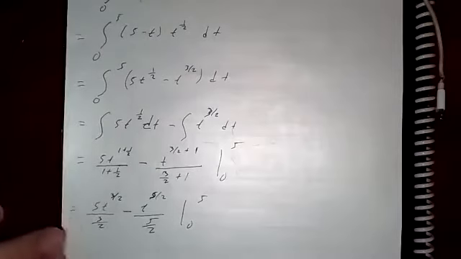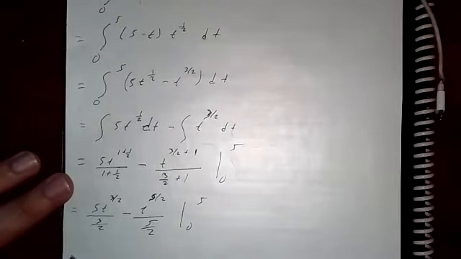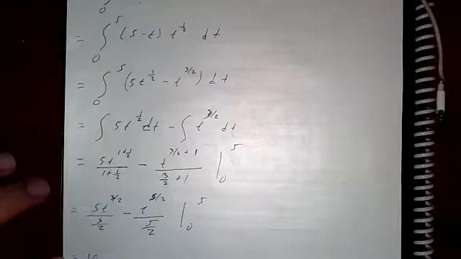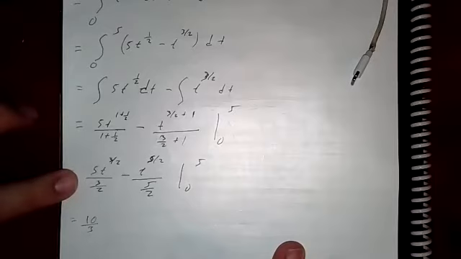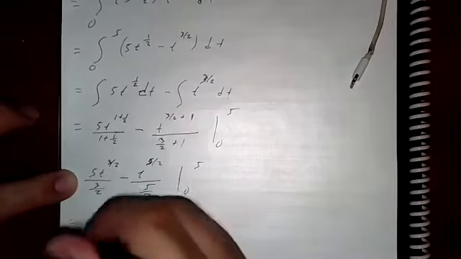When you divide by a fraction, you flip it and multiply. So that will be 10/3. Do you guys see where the 10/3 came from for this coefficient? Let me show one extra step just in case.